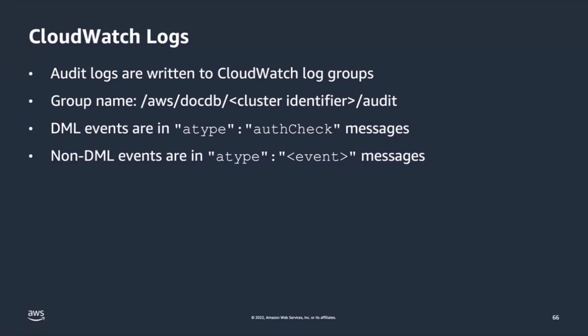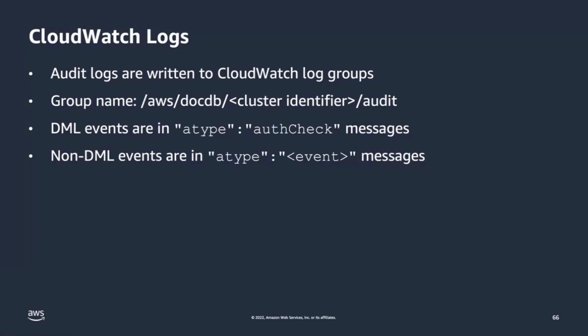Just a brief point about the events written to CloudWatch logs. DML events, all the CRUD operations, will be logged in action type, or A type, auth check messages. This is kind of double purpose.